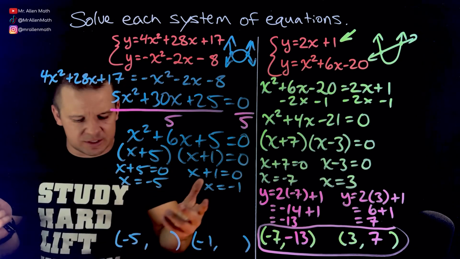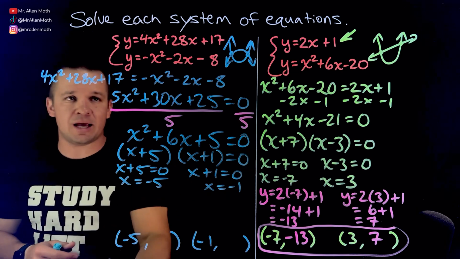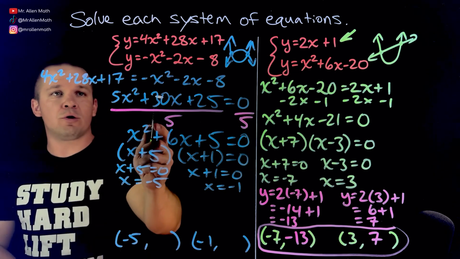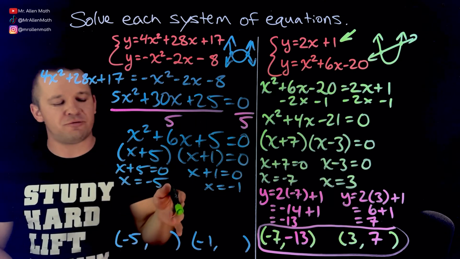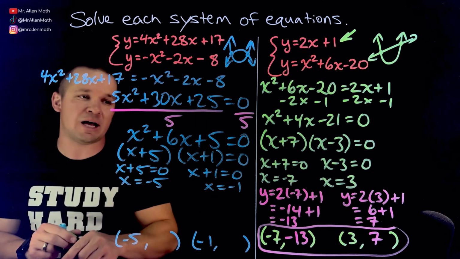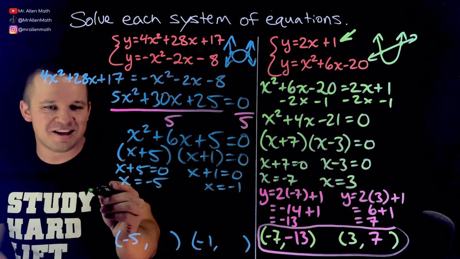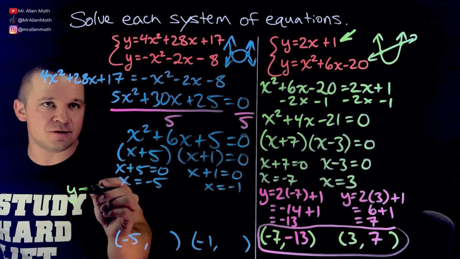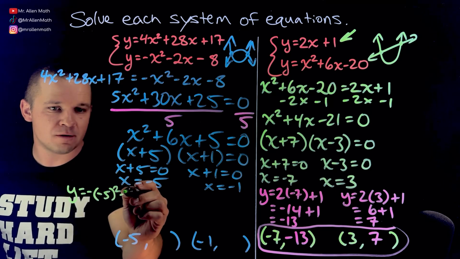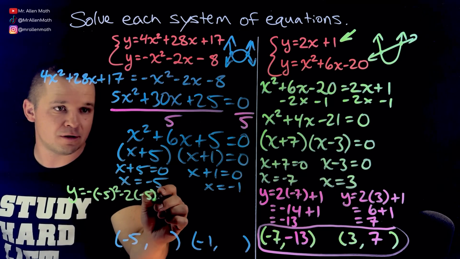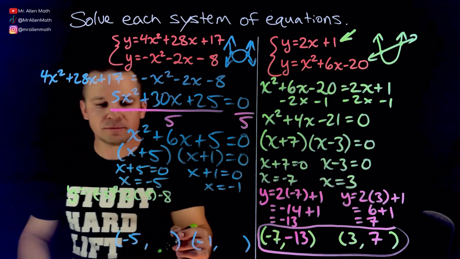Anywho, let's do this in a different color. We're going to substitute these back in. I think I will go with this one here, because even though it's a negative lead coefficient, they're smaller numbers. So I have y equals negative 5 squared minus 2 times negative 5 minus 8.